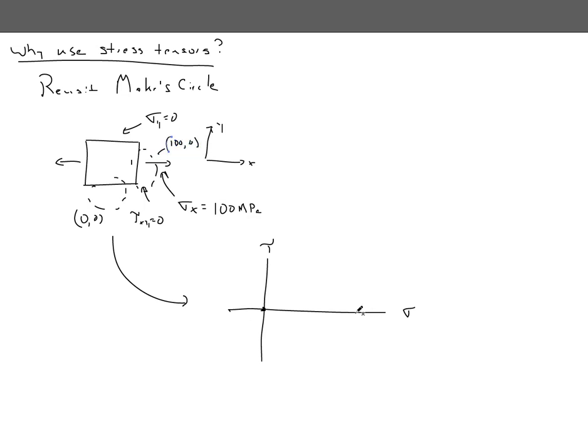And so we have 2 points on Mohr's circle: 100, 0, and here, 0, 0. And since I'm an illustrator this time, I get the advantage of being able to draw a very good circle. Mohr's circle is going to look something like that.